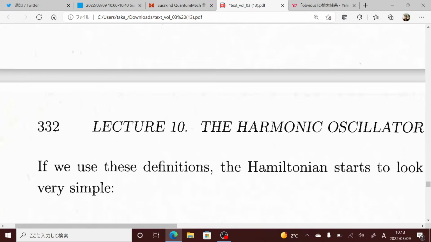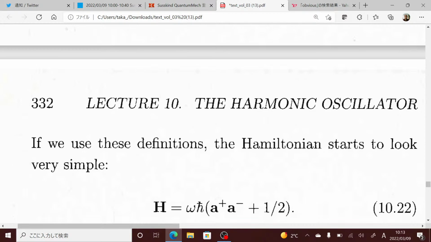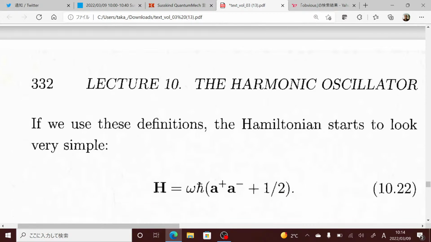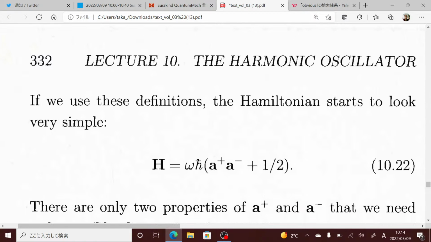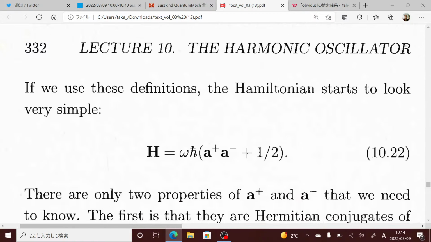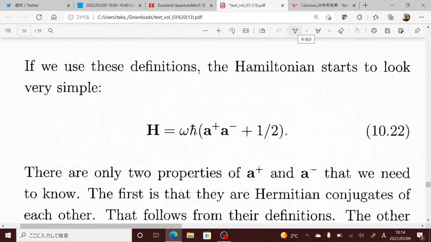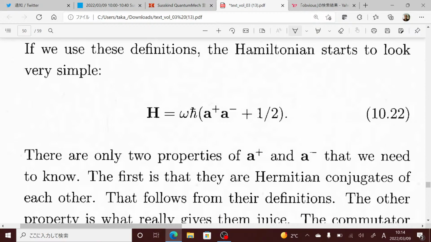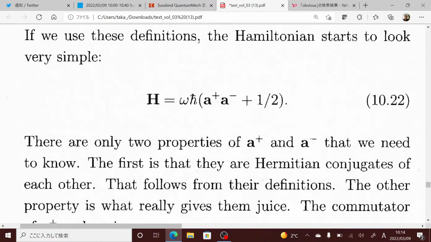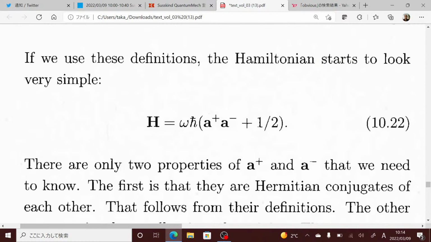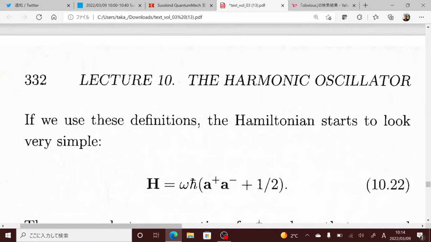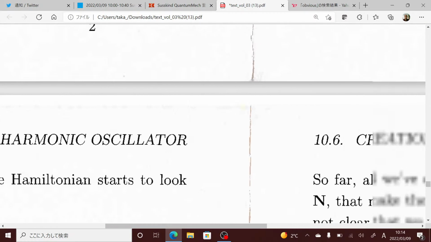If we use these definitions, the Hamiltonian starts to look very simple. H becomes omega h bar times A plus A minus plus 1 half. I think we can just plug in.